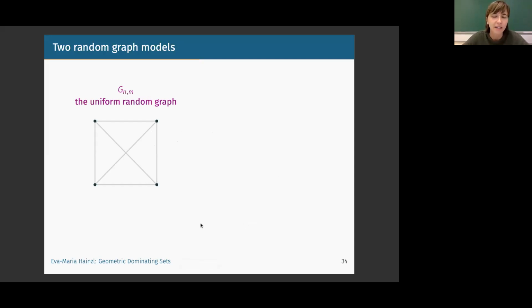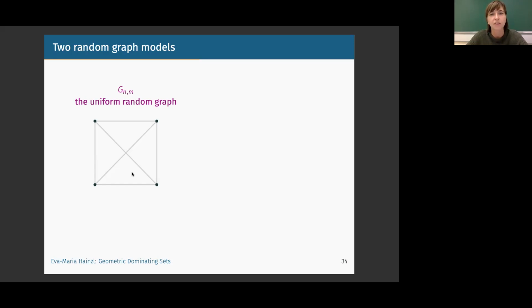Erdős and Rényi and others introduced basically 2 classic random graph models. One is called the uniform random graph, and we denote it by G(n,m), where n is the number of vertices in a graph, and m is a fixed number of edges. These edges are chosen uniformly at random from the edge set of the complete graph.